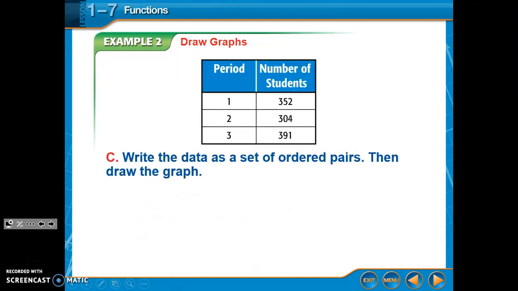Okay, part C, write the data as a set of ordered pairs, then draw the graph. So if I were to make a set of ordered pairs, I would do (1, 352), (2, 304), and (3, 391).